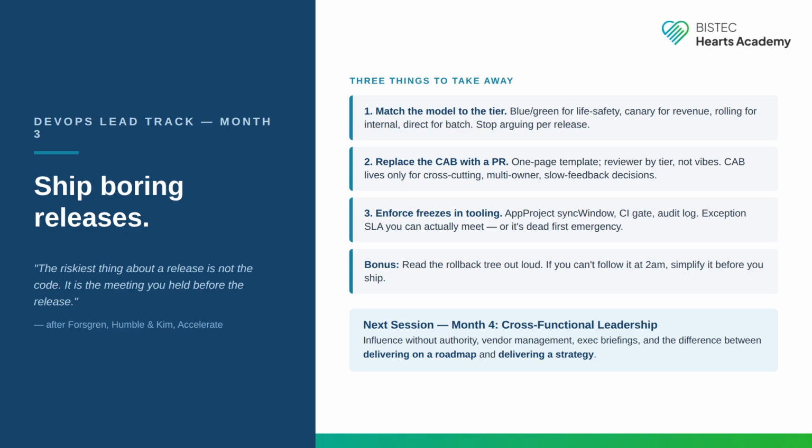Wednesday meeting cut to 15 minutes monthly for CAB-worthy items only. Audit log of every exception. Quarterly review. Lead time gated by CI, not by a meeting.